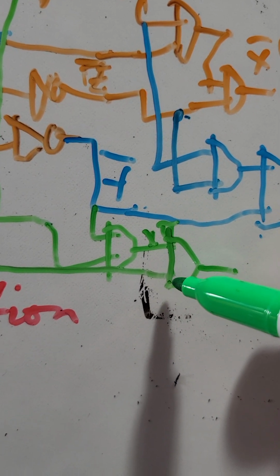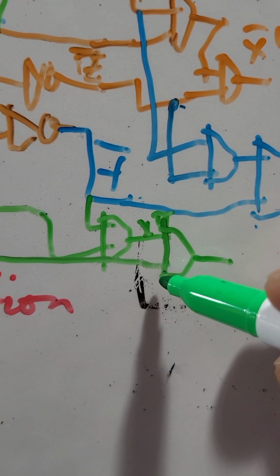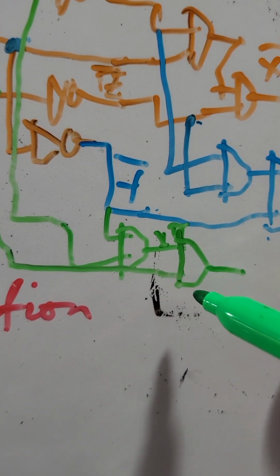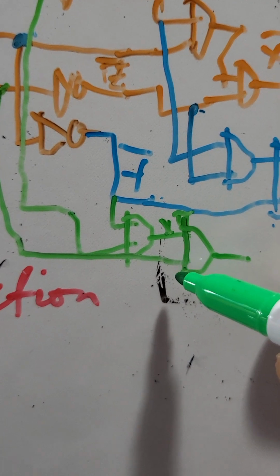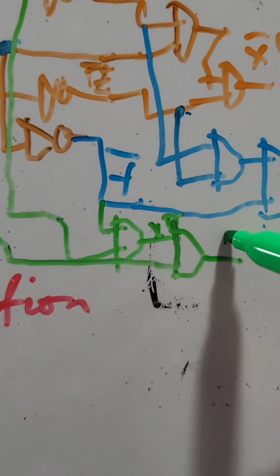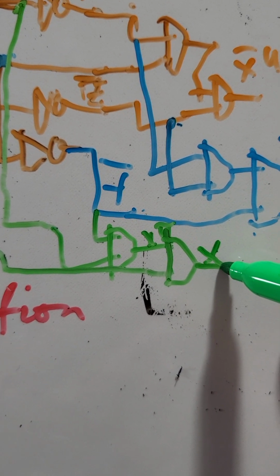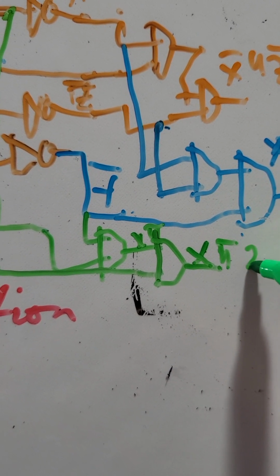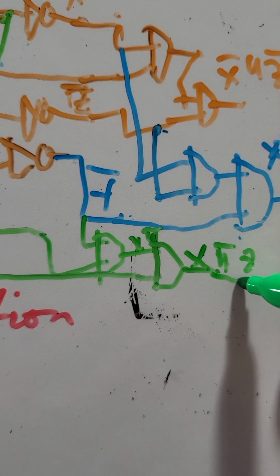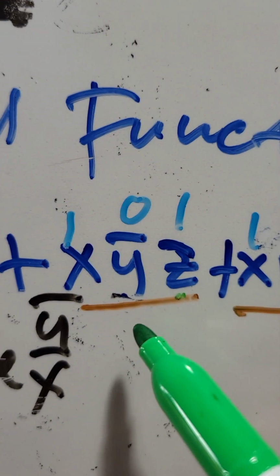So to connect 3 variables, we need 2 AND gates. So this is now the x y bar z. This is the third term.